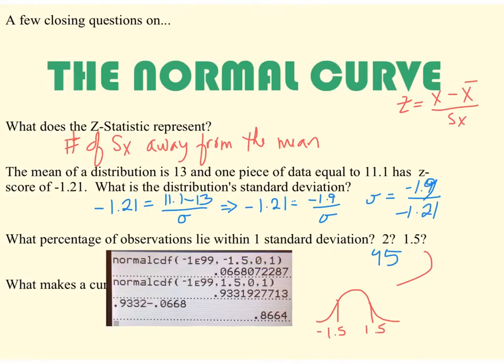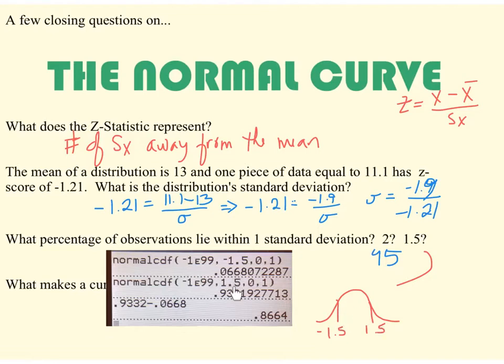Okay, so here's what I've done. I wanted to know the proportion below negative 1.5. So from negative 1.5 down, and I left a mean of 0 and standard deviation of 1. Here's why I did that. Think about the z-statistic calculation: negative 1.5 minus 0 divided by 1 gives a z of negative 1.5. So there is your proportion below this spot. Then I did it again for the positive 1.5.